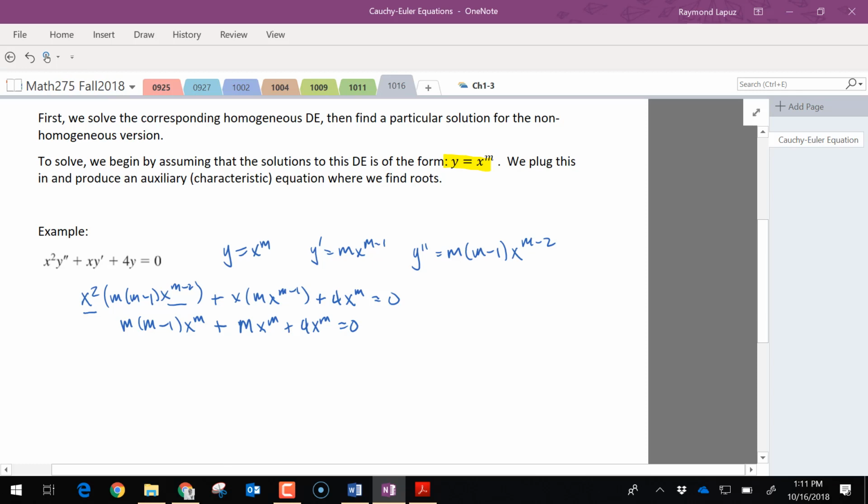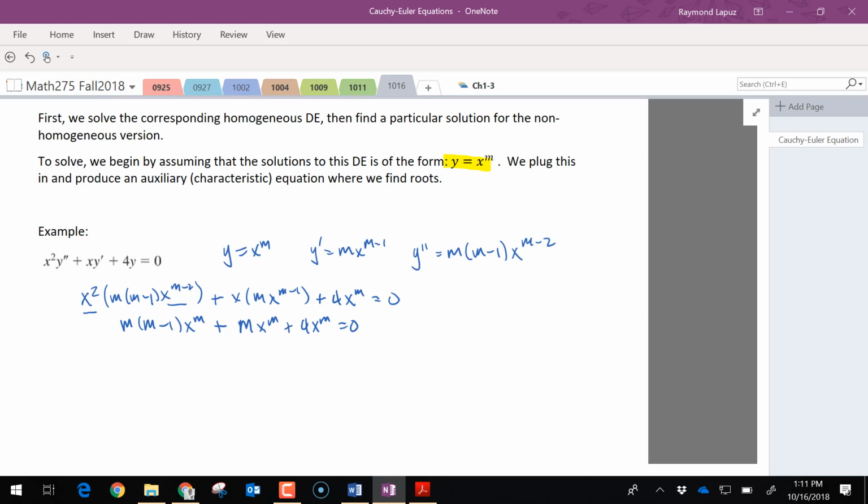So if we factor out an x to the m, we could set that equal to 0, but that's just x equal to 0, which is not something that we really care about.